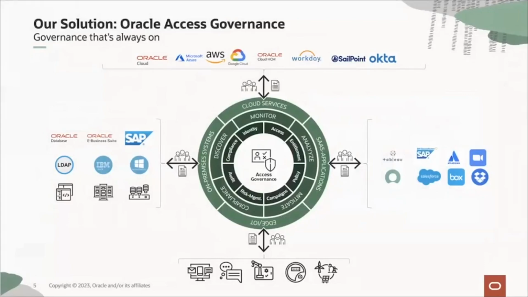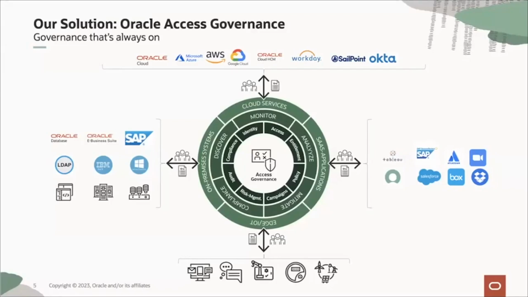It does this by discovering identities, policies, and permissions, monitoring who has access to what, and analyzing them so that it can raise concerns on over-provisioned access and other scenarios, so organizations can mitigate those scenarios and prove compliance as well.